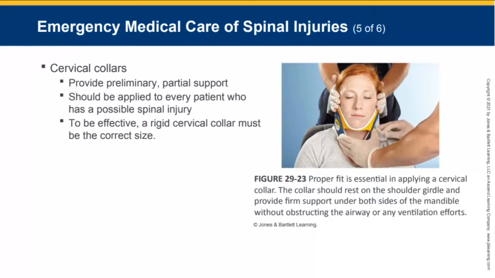Very important. Proper fit is essential in applying a cervical collar. The collar should rest on the shoulder girdle and provide firm support under both sides of the mandible without obstructing the airway or any ventilation efforts.